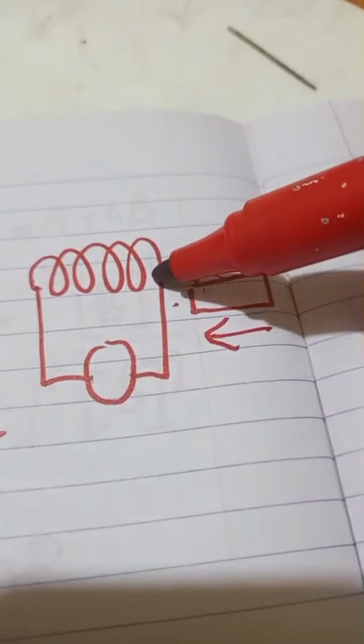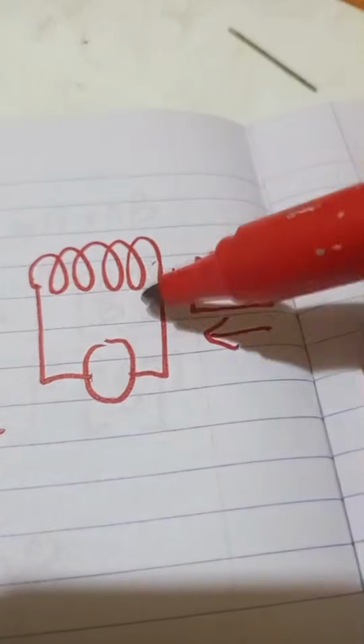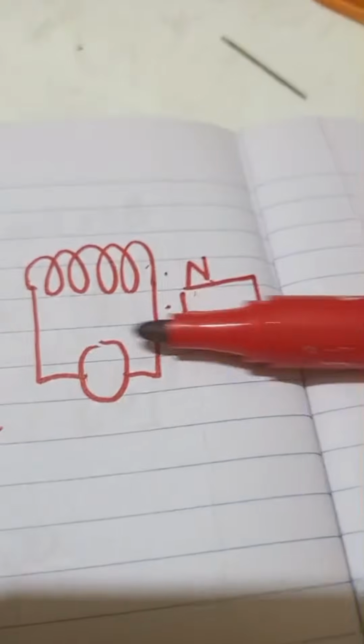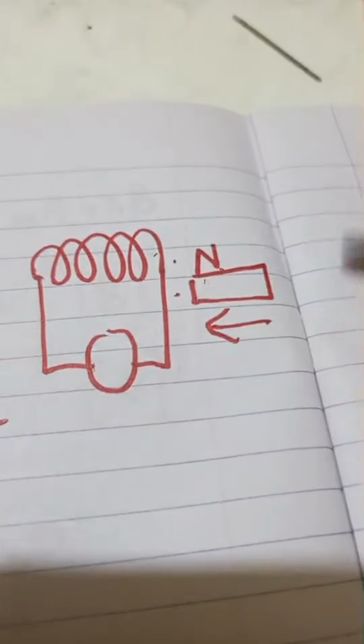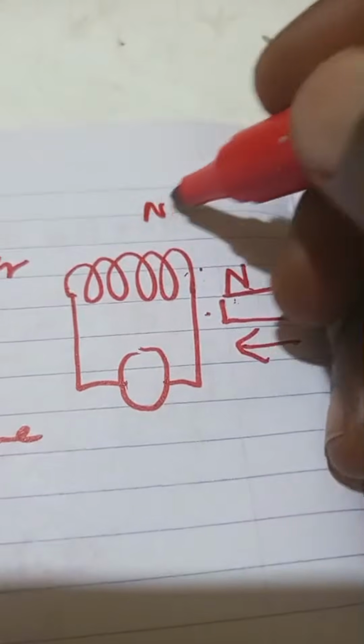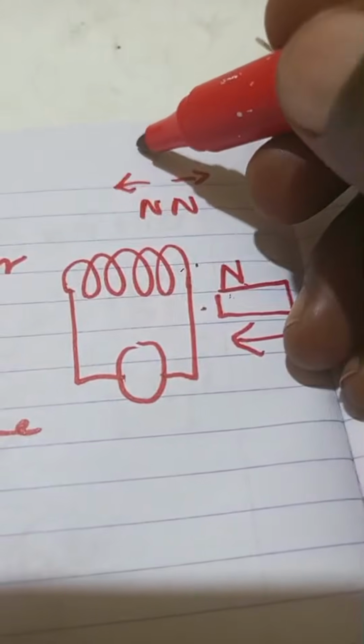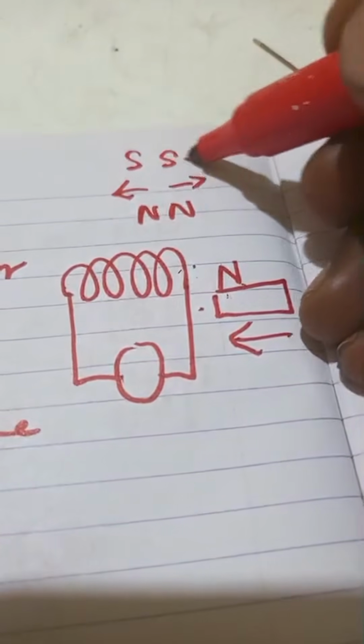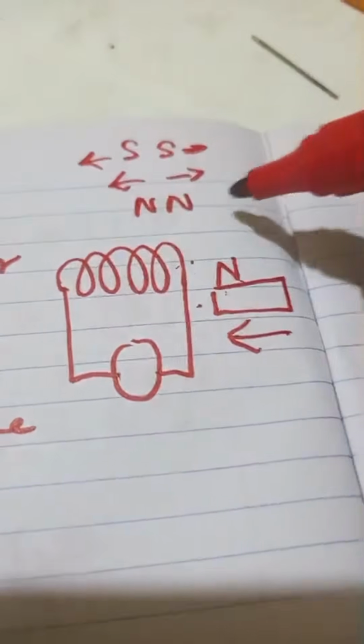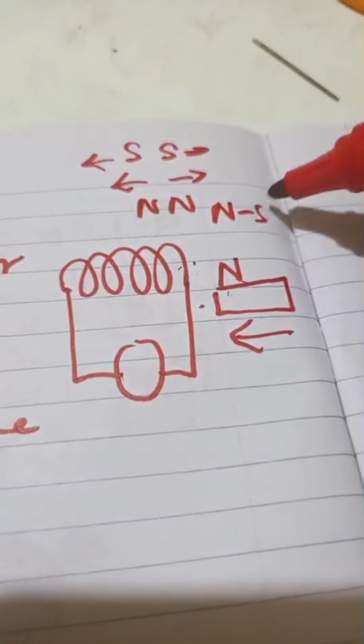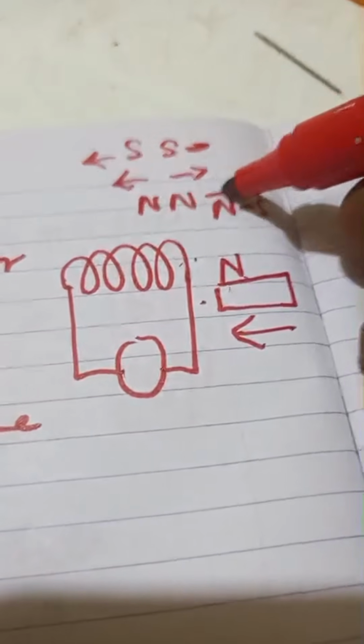That means this place will turn to north too. It has to prevent you from coming, to send you back. And remember that north will repel north. South will also repel south. But north and south will come towards each other. They will attract.